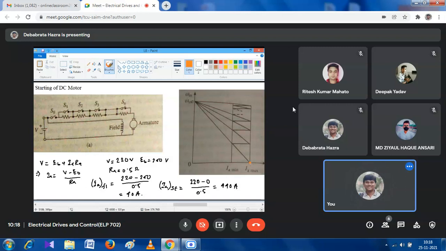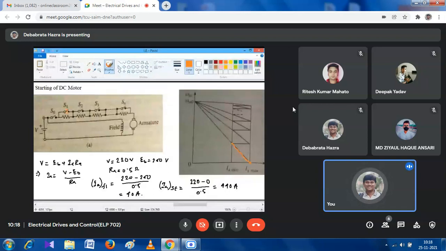So the value of current is decreasing gradually from I max, and when the value becomes I min, at that time what we do, we close the S1 switch.